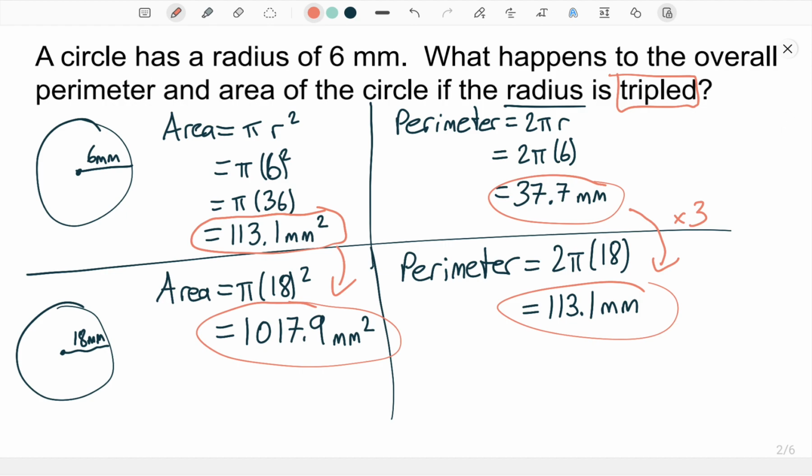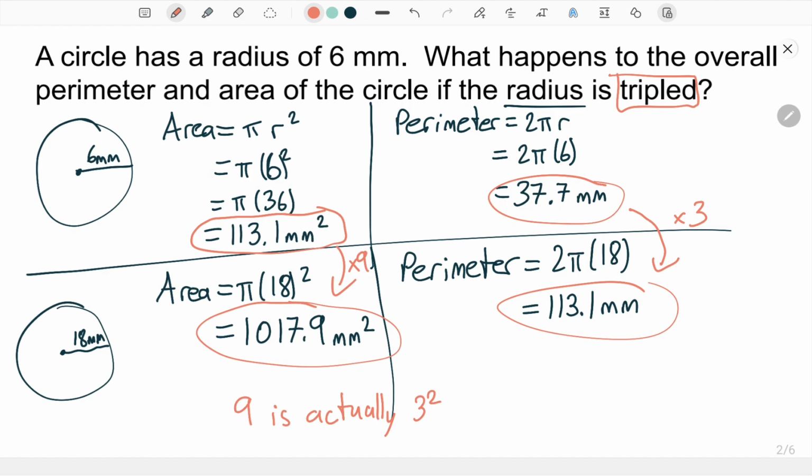Well, this is actually going to be 9 times the area. And where's that 9 coming from? Well, the 9 is actually 3 squared.